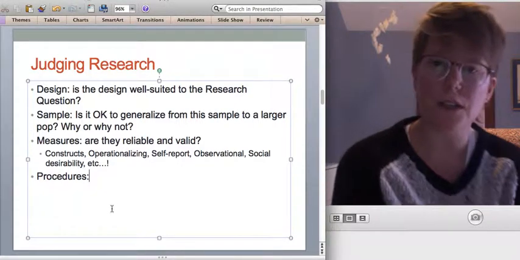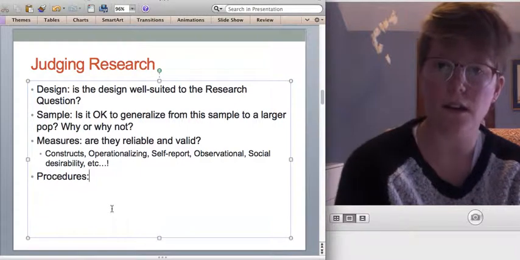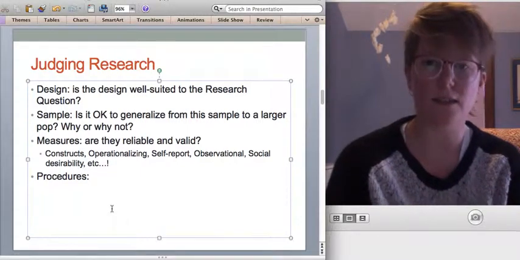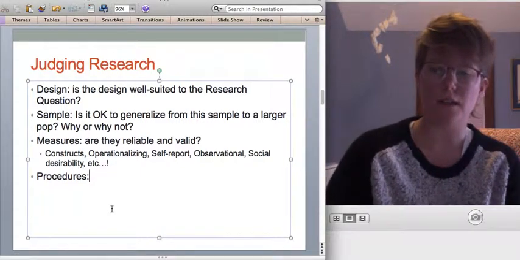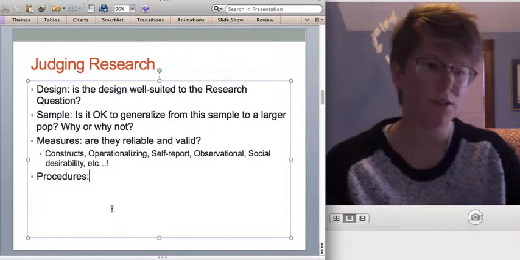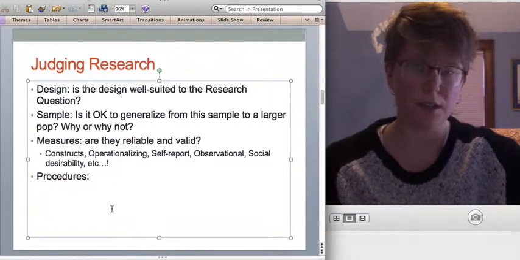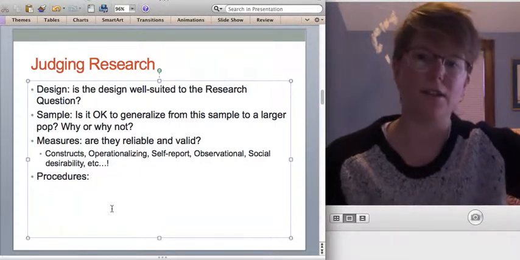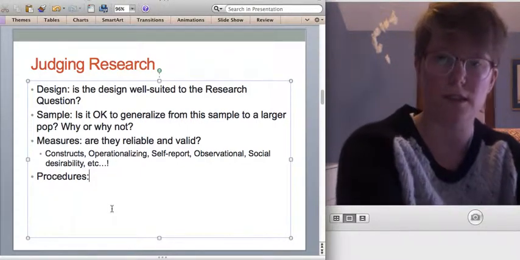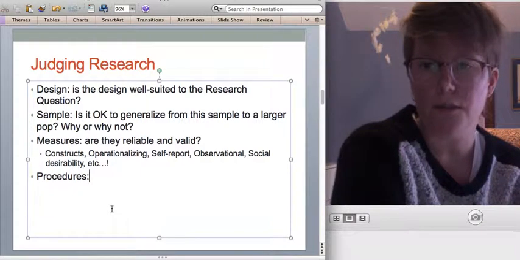We don't have nearly enough research that's based on observational measurement or dyadic measurement. That is, asking two partners in a relationship, how did your partner do over the last week? And then asking the partner, how did the other partner do? So getting scores about other people from within the system. We don't have nearly enough of that.